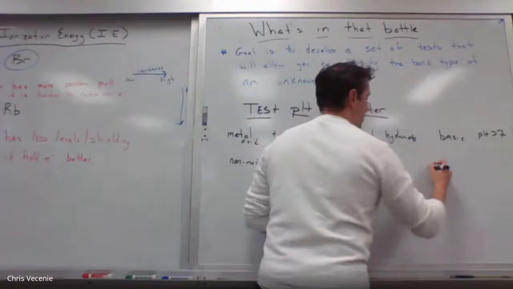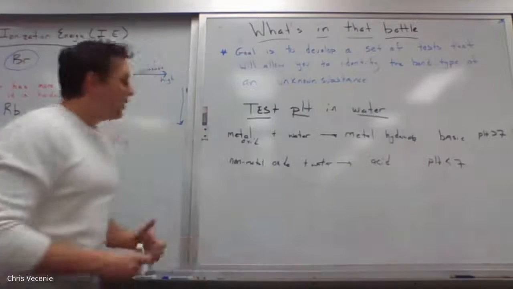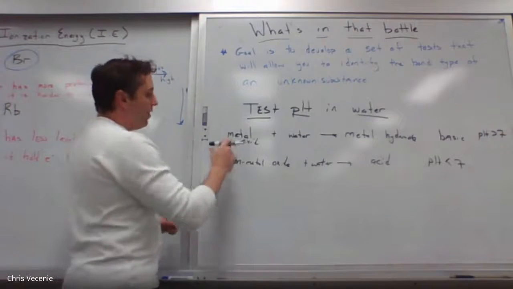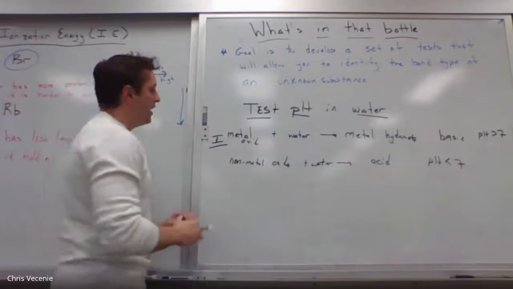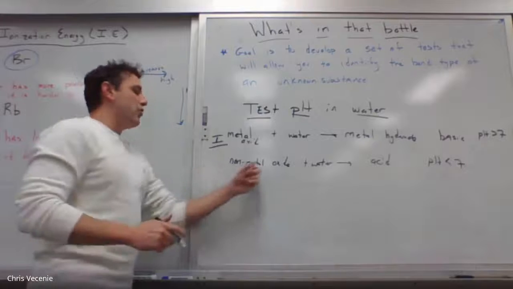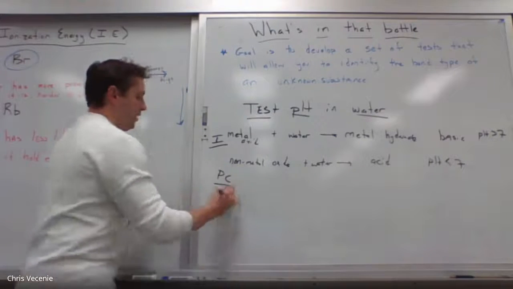So you'd have pH less than 7. All right, so what types of categories would fit this? Your metal oxides, these are ionics. So if I get a metal oxide, it will dissolve in the water and I'll get a reaction. Your non-metal oxides, these are your polar covalents.